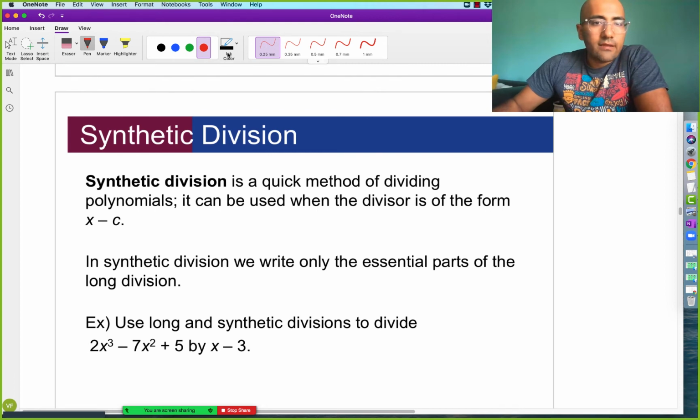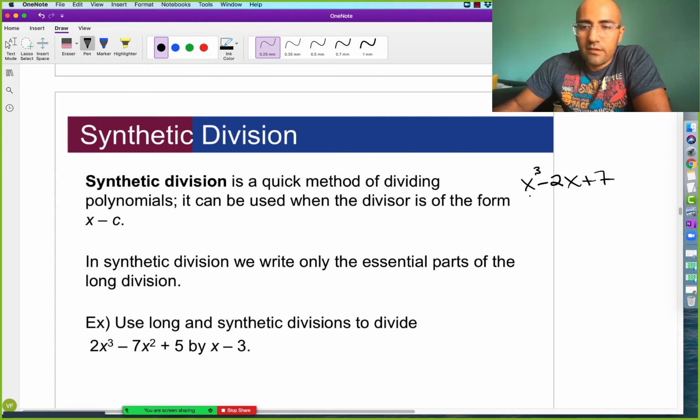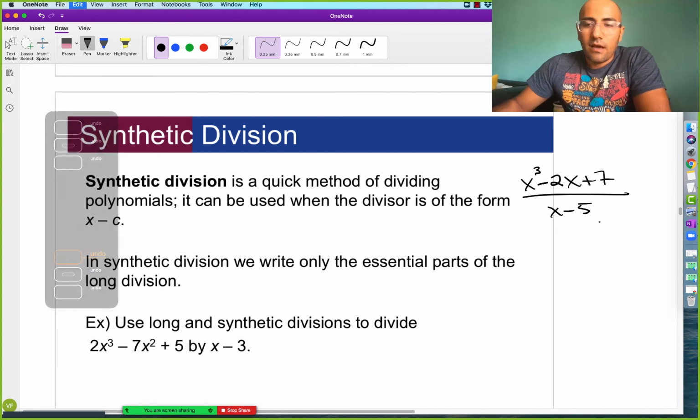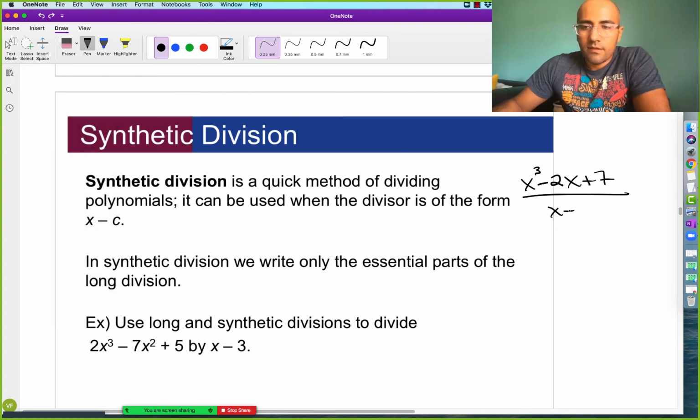So if we were asked to divide x to the third power plus 2x plus 7 by x minus 5, that works, right? This fits this form. The divisor is of the form x minus a constant. Or if it was x plus 2, it still fits, right?